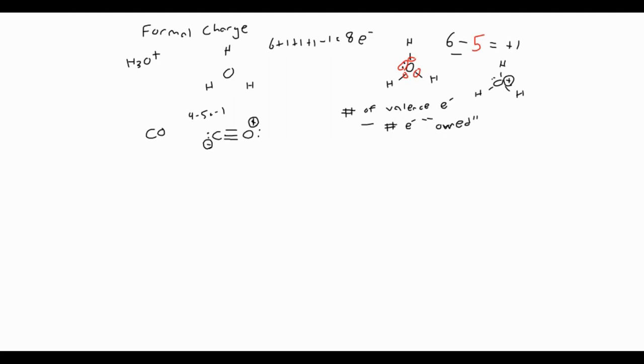So you might say, why do we even use it then if it doesn't tell us what the truth really is? We will get to that later, but it turns out to actually be a very useful formalism. The last thing I'm going to talk about in this video is exceptions to the octet rule.